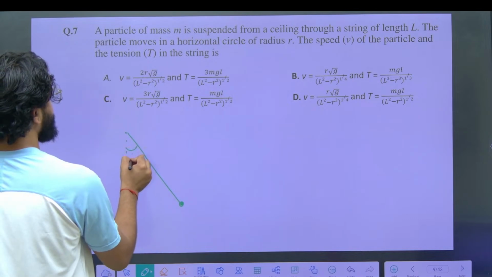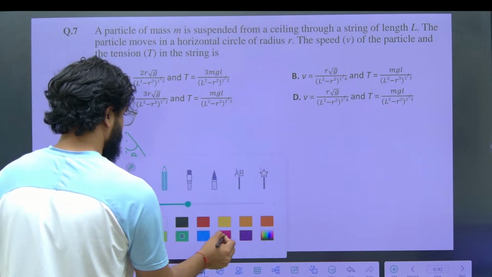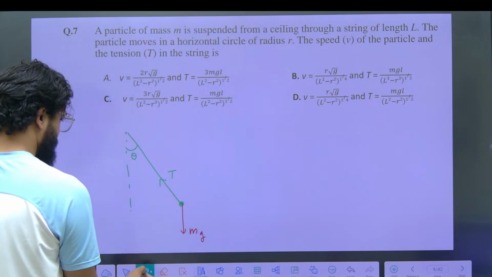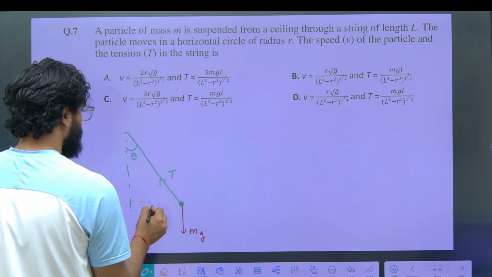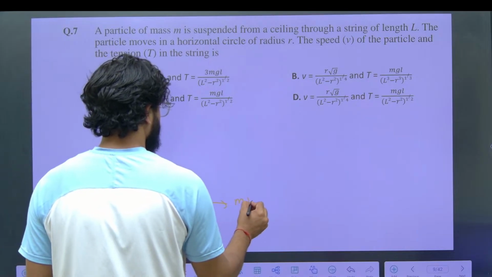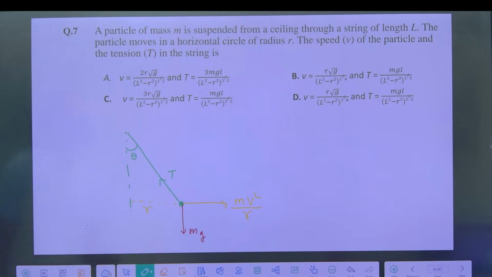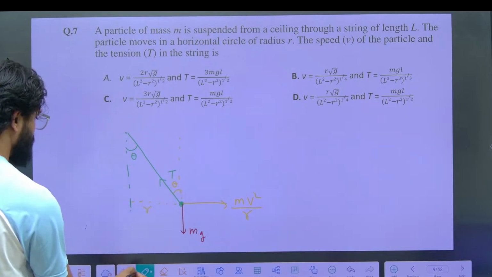So let's say this is theta, which is unknown. Let's say this is T. mg is downwards. Okay. It is revolving in a radius r. So over here it should be mv square upon r. This should also be theta.